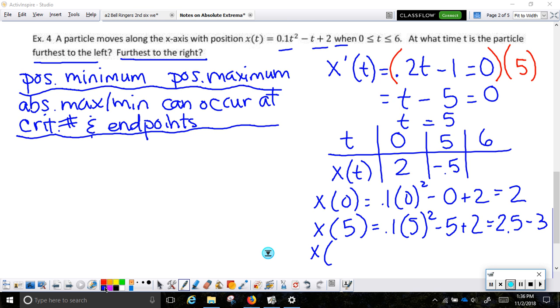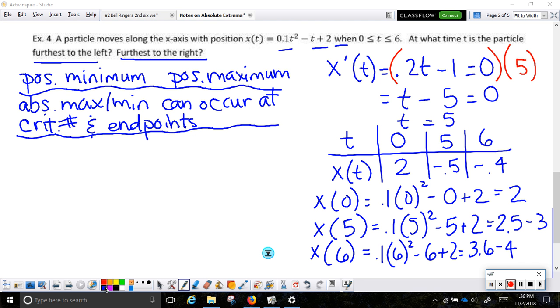Okay, let's input 6 for t. So 0.1 times 6 squared minus 6 plus 2. In PEMDAS, exponent comes before multiply. So squaring the 6, we get 36. Times 0.1 is 3.6. Then we have a negative 6 plus 2. So that's minus 4. So 3.6 minus 4 is going to give us a negative 0.4 in our table.